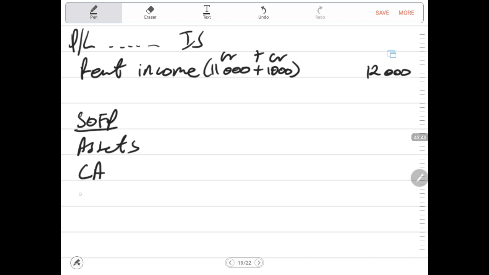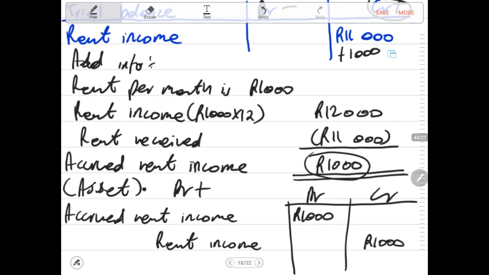Under current assets, it will be under debtors or trade and other receivables, or receivables, depending on what is provided. The amount of 1,000 will be added there because it is on the debit side of the general journal, and assets increase on the debit side.